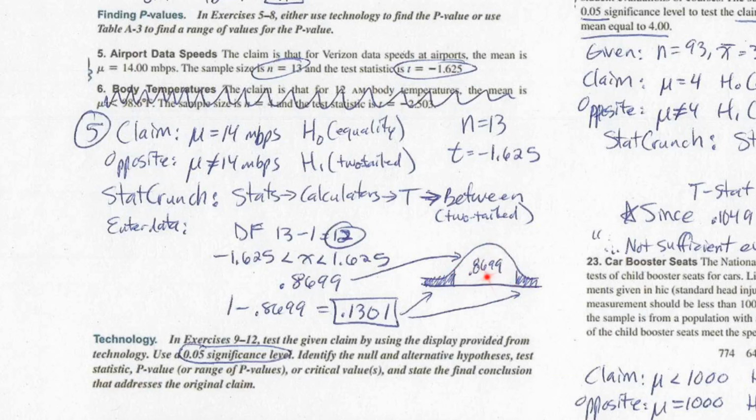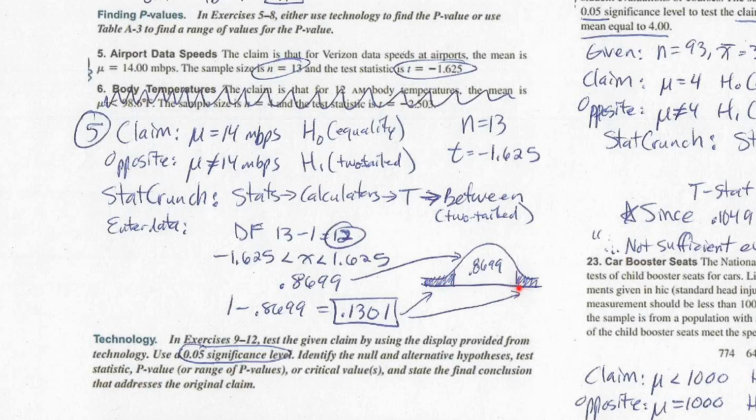It's going to give you all of this. So it's going to be kind of a high number, like 0.8699. It's going to ask you for degrees of freedom, which you're going to put 12. Subtract 1 and get 12. They gave us T is negative 1.625. That means you put this for the left side. That's this left number.